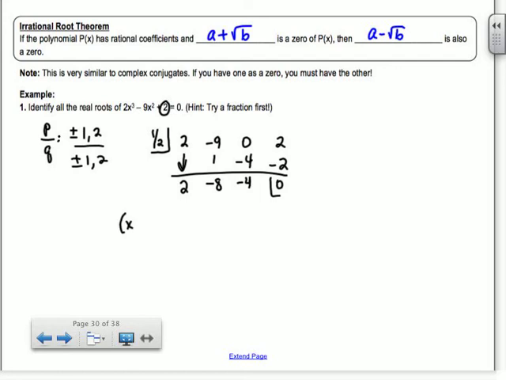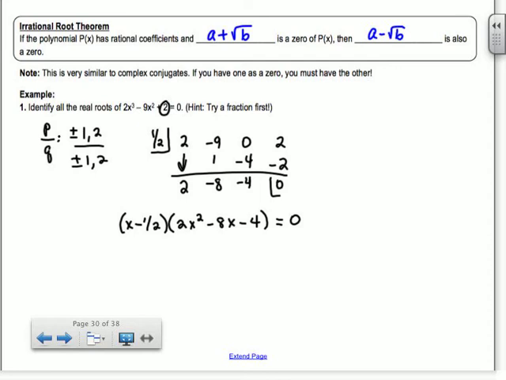Okay, that means you've factored into x minus 1/2 times 2x squared minus 8x minus 4. We're trying to find when it's equal to 0. So we can try to factor.